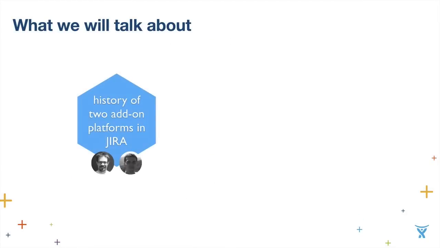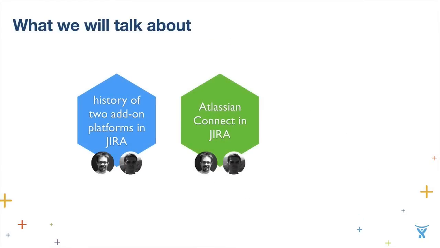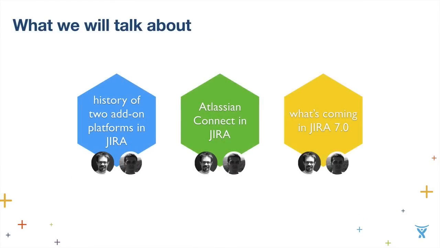So in the first part of this presentation, together with Filip, we will cover 3 elements. We will speak about the history of add-on platforms for JIRA. We will dive specifically into the Atlassian Connect platform and its capabilities. And then we will take a look at what is coming in JIRA 7 as seen from the add-on developer perspective.